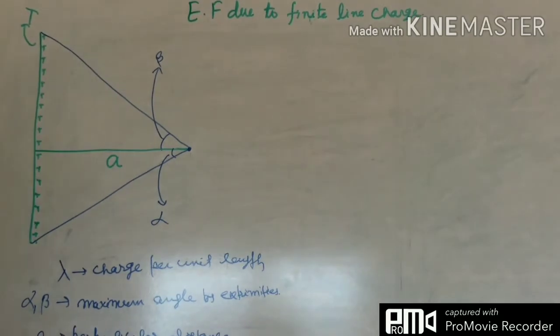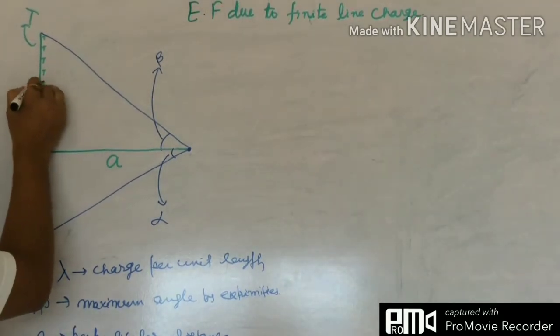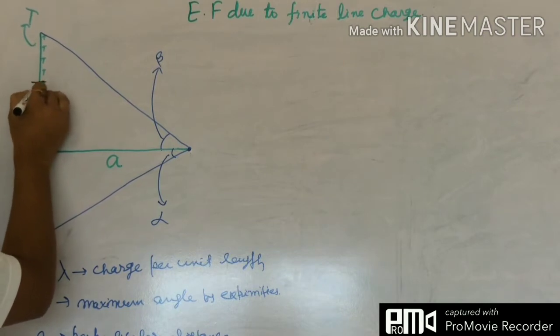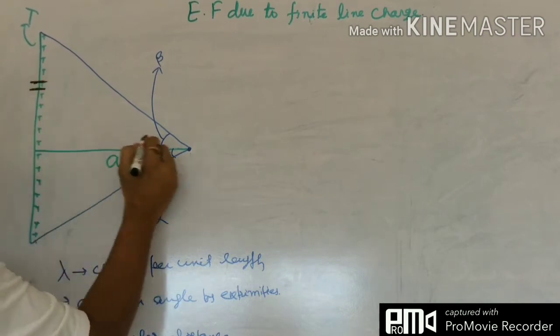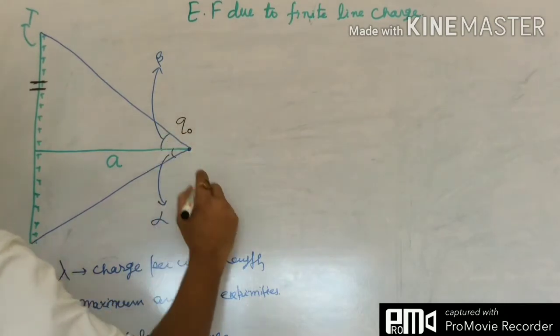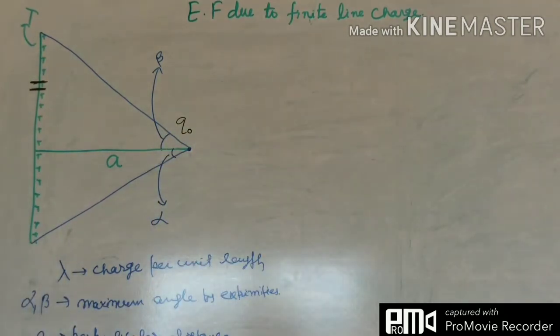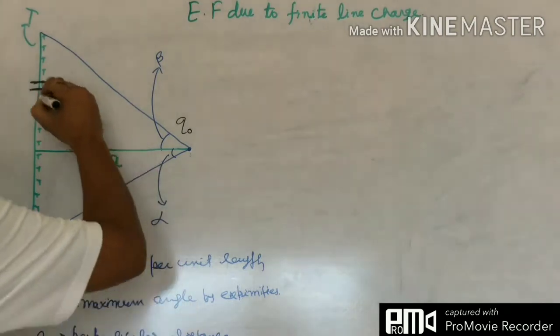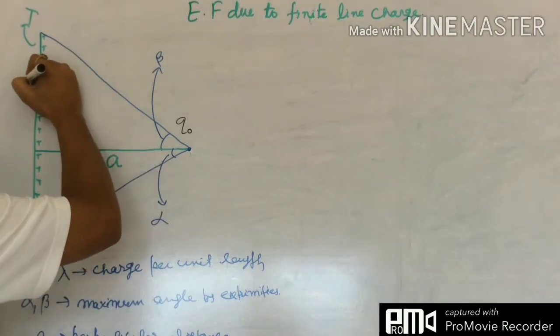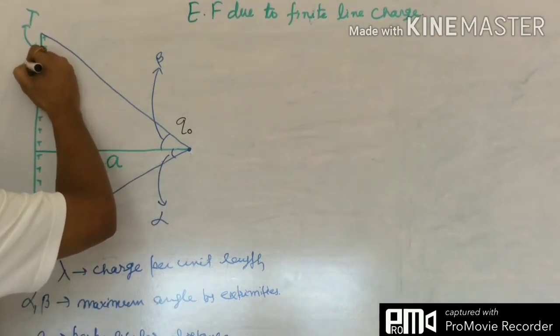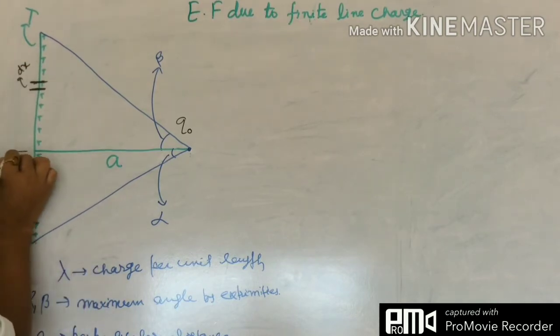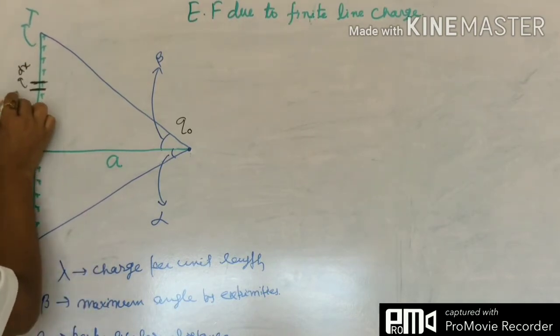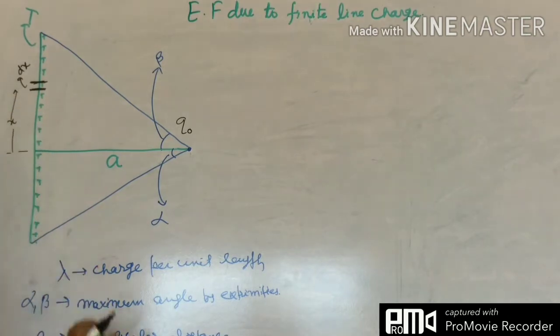What we shall do: first we shall take a very small element here, a point element. And suppose we have placed a charge Q0 here. What is the length of this? Suppose dx. Taking x from this reference line, there is a small element dx.